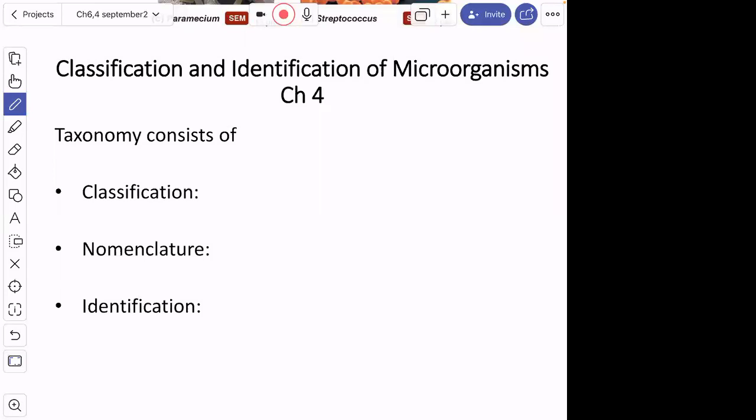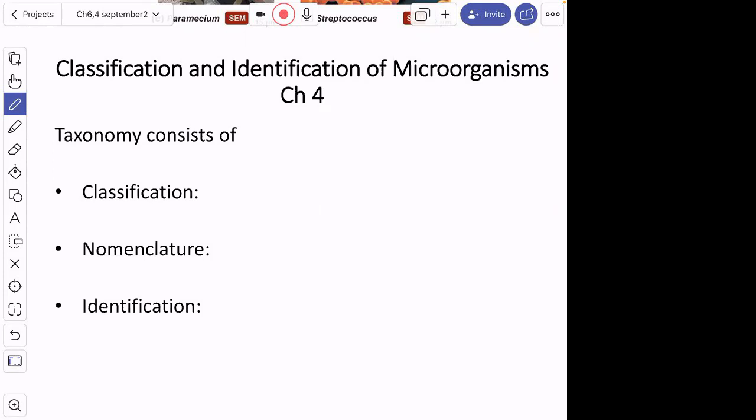If we're talking about a certain kind of cell, we need to make sure that we're identifying that properly so that somebody else studying that same organism in Germany, we're talking about the same thing. It's important to put things in the appropriate group so that when new organisms are observed, we can say, oh, it has the same characteristics of this group, and then very quickly learn things about it.